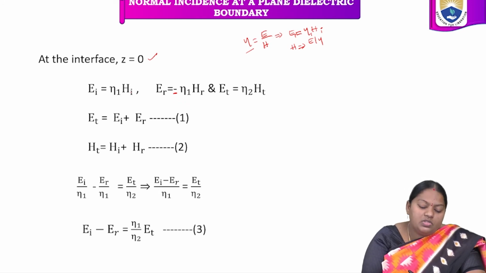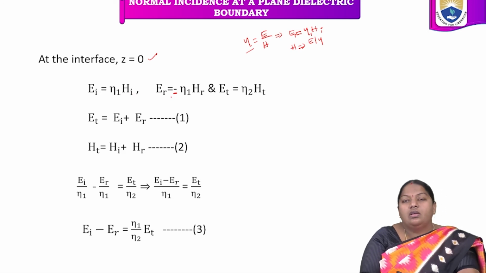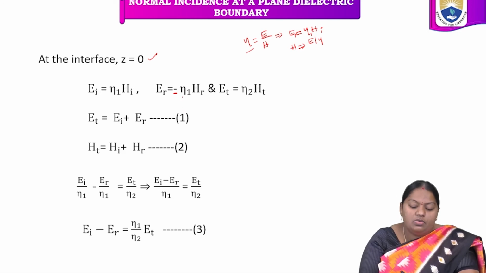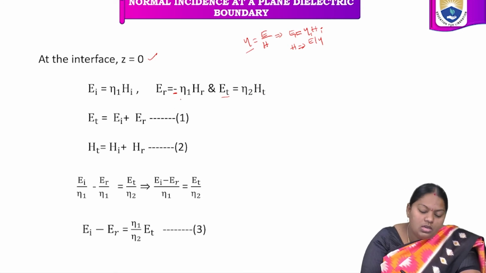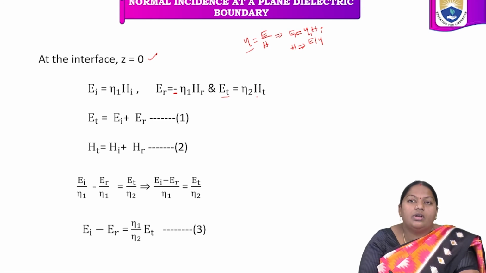If you consider the incident wave in the positive direction, the reflected wave will be opposite to that of the incident wave. Hence, ER equal to minus eta 1 into HR. Then similarly, ET, the transmitted wave, is equal to eta 2 into HT. Right. So ER equal to minus eta 1 into HR and ET equal to eta 2 into HT.